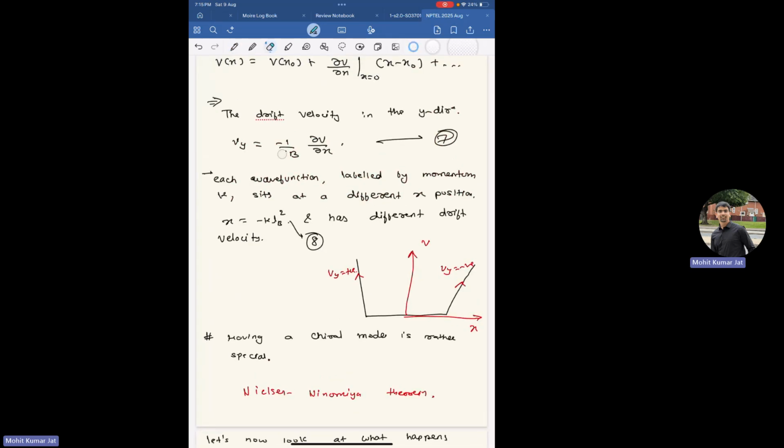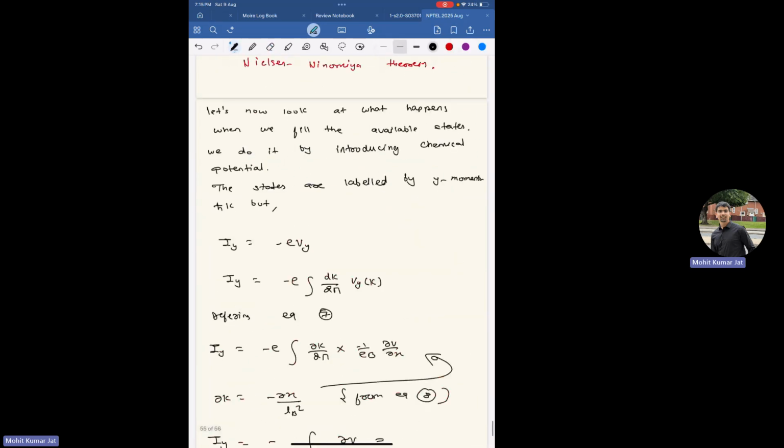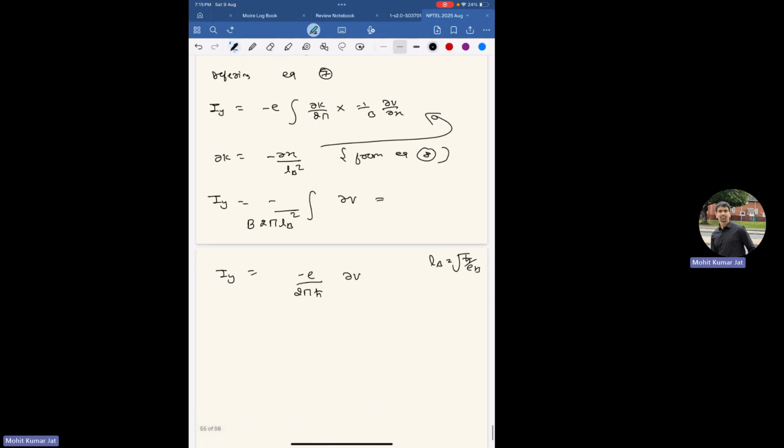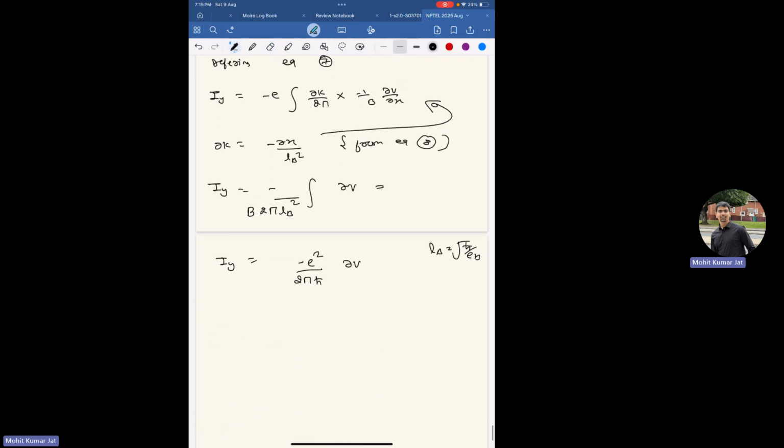This E won't be there. E times delta V is essentially your chemical potential, so delta mu by 2 pi h bar.